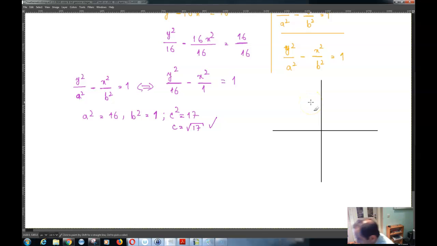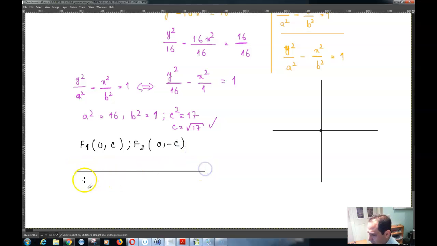What that means is that when you want to write your foci, for example F1, that would be at a distance of C away from the center, but in this direction, meaning that your foci would be 0, C, and F2 would be 0, negative C.